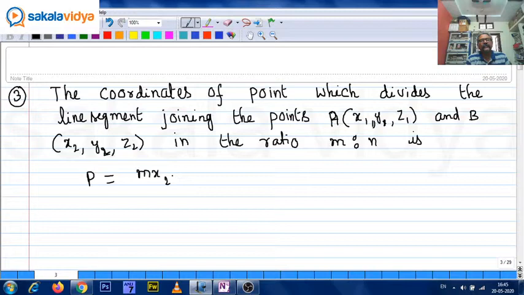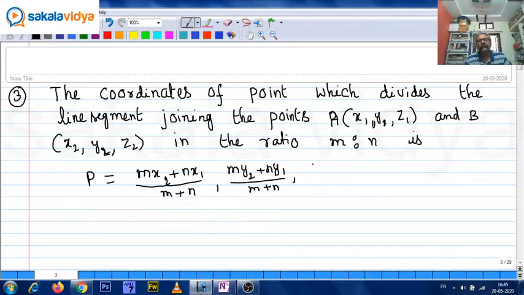P equals (mx2 plus nx1) by (m plus n), comma, (my2 plus ny1) by (m plus n), comma, (mz2 plus nz1) by (m plus n).